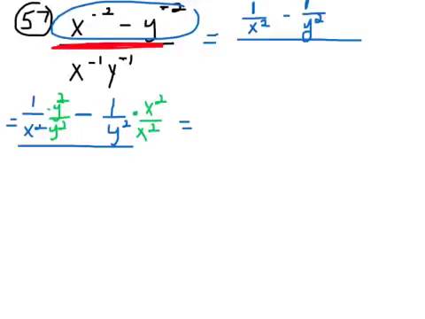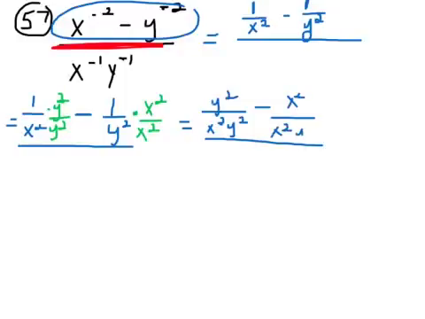Okay, let's keep up with it. Wouldn't that be y squared over x squared y squared minus x squared over, it doesn't matter which one I write first because I'm multiplying, so I'm just going to write it as x squared y squared so it looks the same. Isn't that what I have now? And isn't that a common denominator?